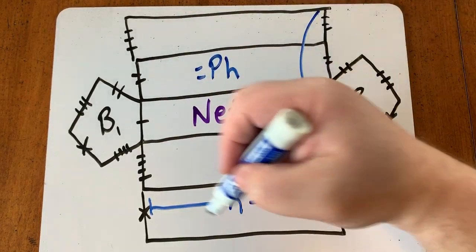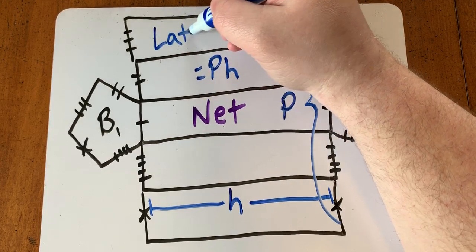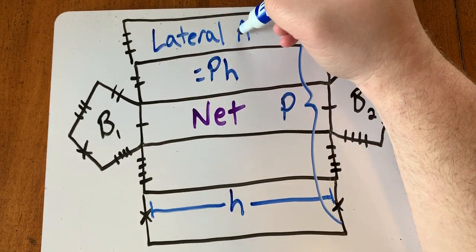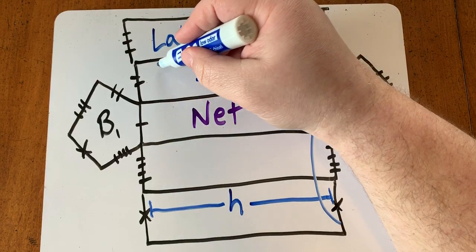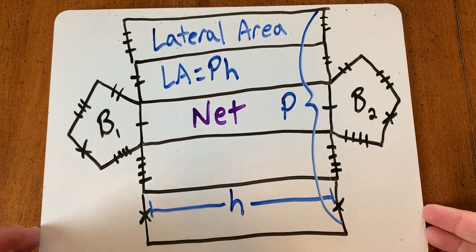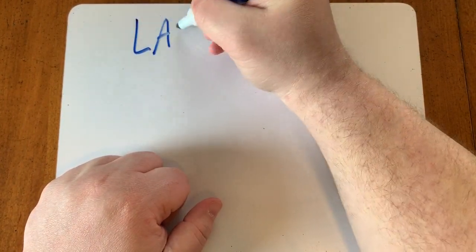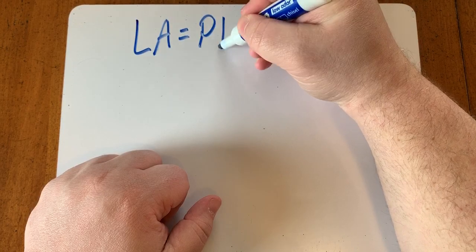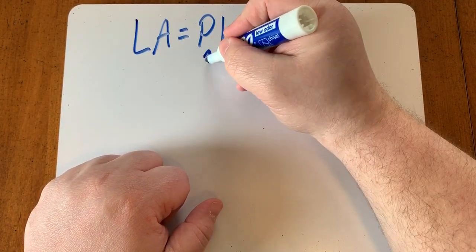This is called our lateral area, or LA for short. And this is how you can help find the surface area of a prism. Regardless how many sides the base has, that lateral area is always the perimeter of the base times the height.